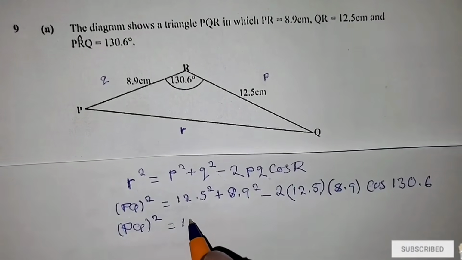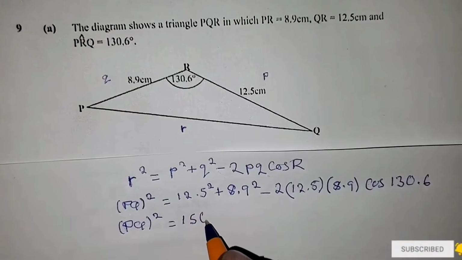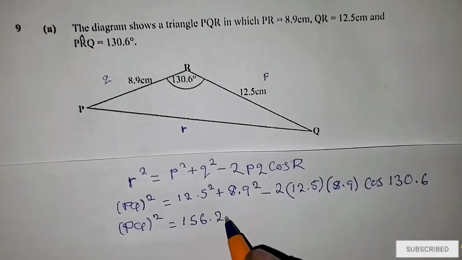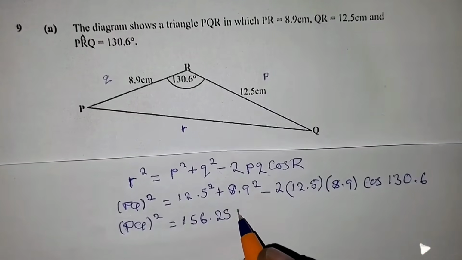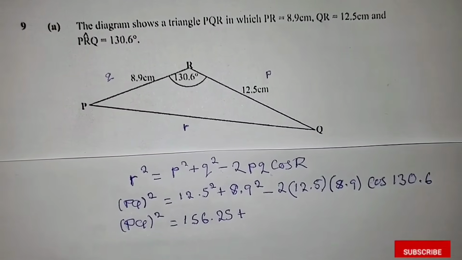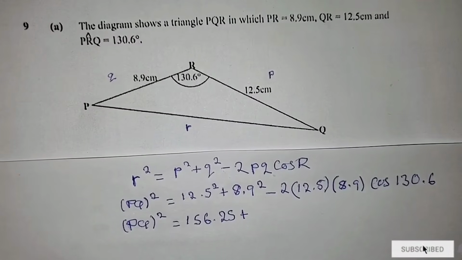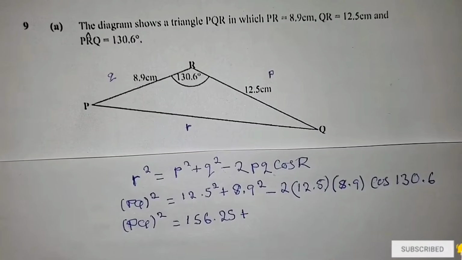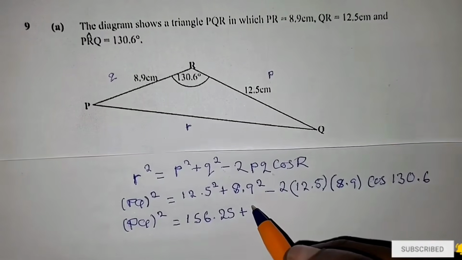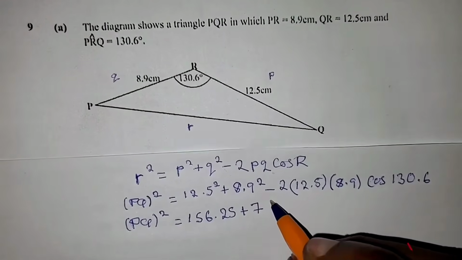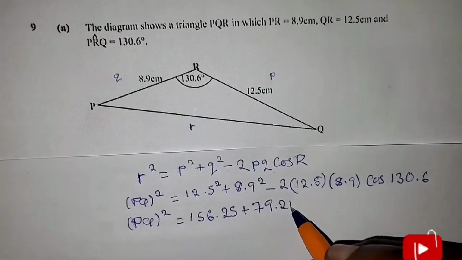This is giving me 156.25 plus, what is 8.9 squared? 8.9 squared is 79.21.